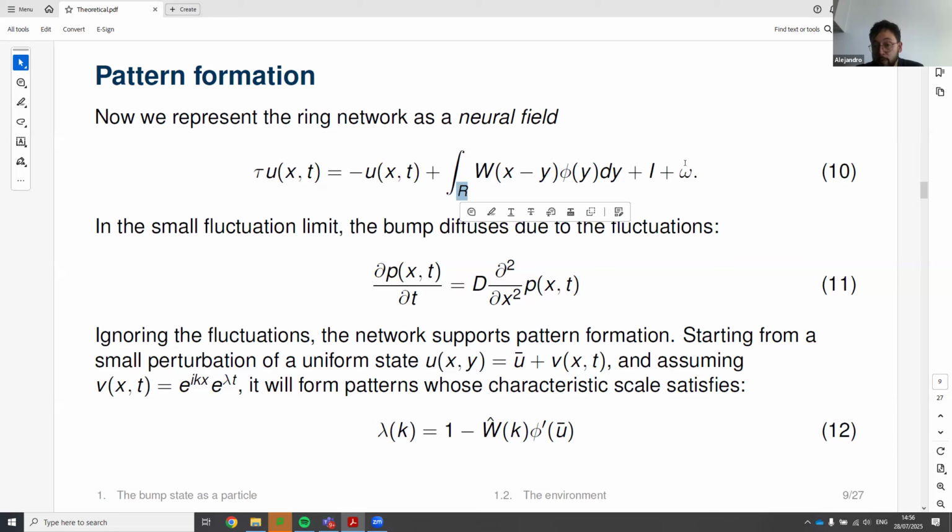For this network, when you have fluctuations, it is known that unless you have some particular input that generates some drift, the bomb behaves as if diffusing or as a random walk. So the centroid of the bomb will perform a random walk in this domain, but it will be centered around the localized activity.